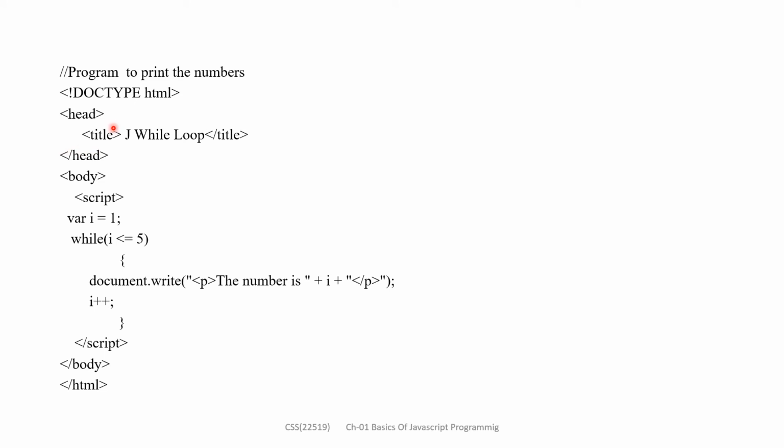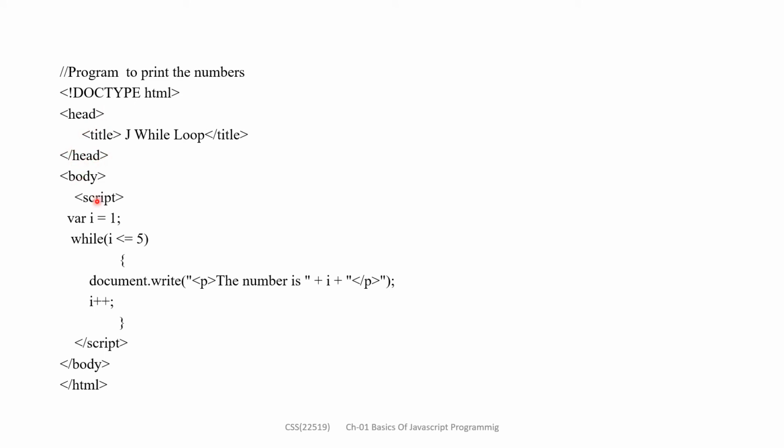Here is the doctype HTML, then head and title. Title is a pair tag, so this is the opening tag and this is the closing tag. The title of our program is J while loop. Then the head tag is closed.